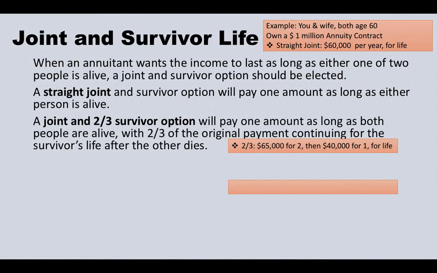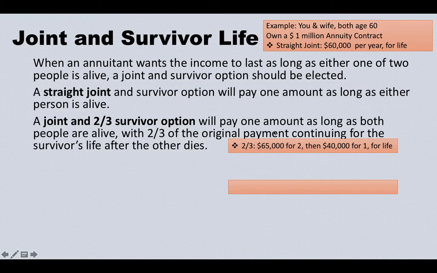I'm going to reduce it. This calculation, $40,000, is about 2/3 of the original. So if one person is alive, I reduce to 2/3. That's basically the concept.